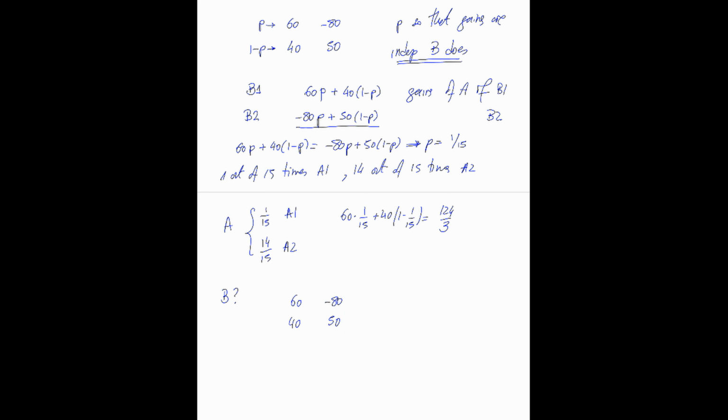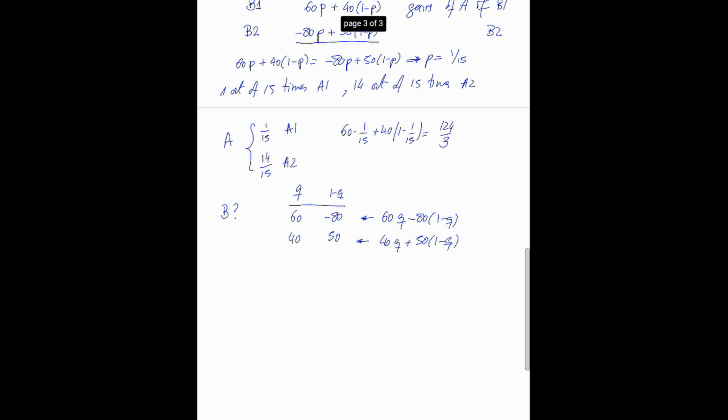So B will play Q times this and 1 minus Q times this one. So in this case, B will lose 60Q plus 1 minus Q times minus 80. Sorry about that. Let me put it properly here: minus 80 times 1 minus Q. In this case, if A plays A2, this guy will lose 40Q plus 50 times 1 minus Q. What do we want?